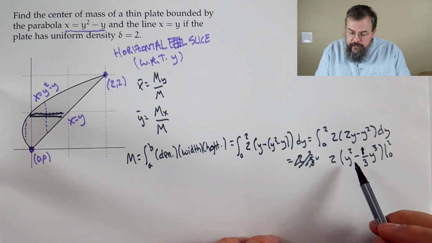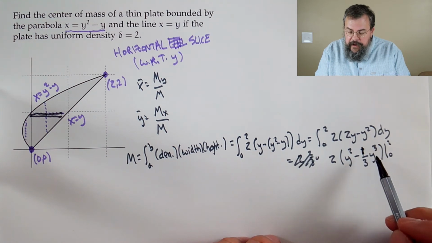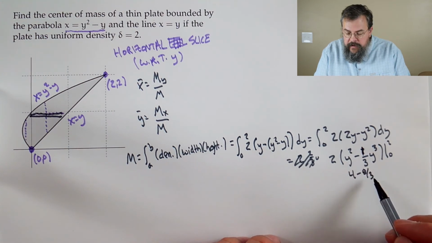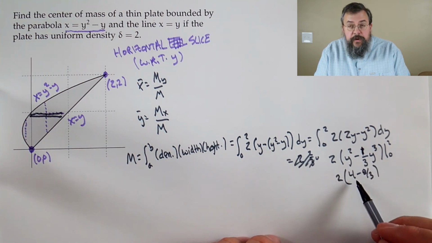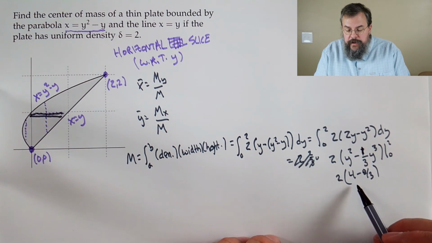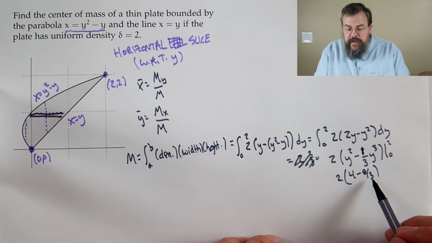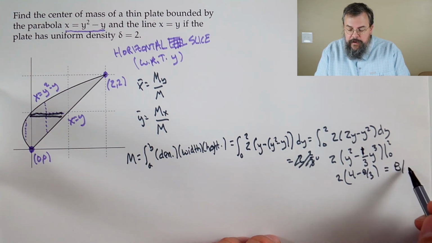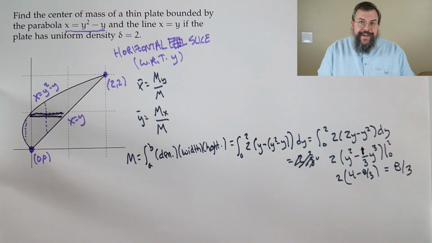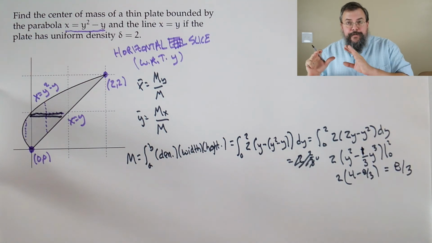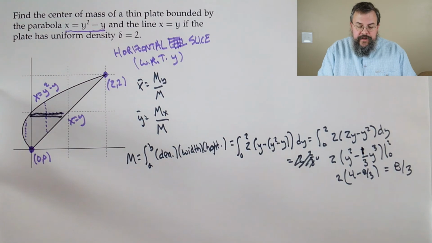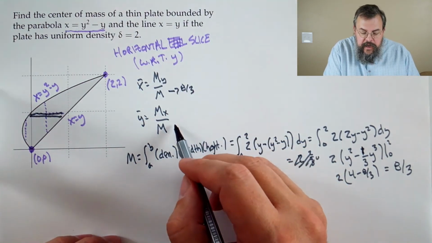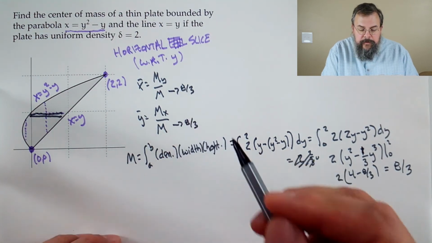Well, you're going to get 4 minus 8/3. Now 4 is another way of saying 12/3. So it's 12/3 minus 8/3. 12/3 minus 8/3 is 4/3. Times that by 2 leaves us with 8/3. Okay, so that's our mass. Our mass is 8/3. So that goes here, 8/3, and there, 8/3.